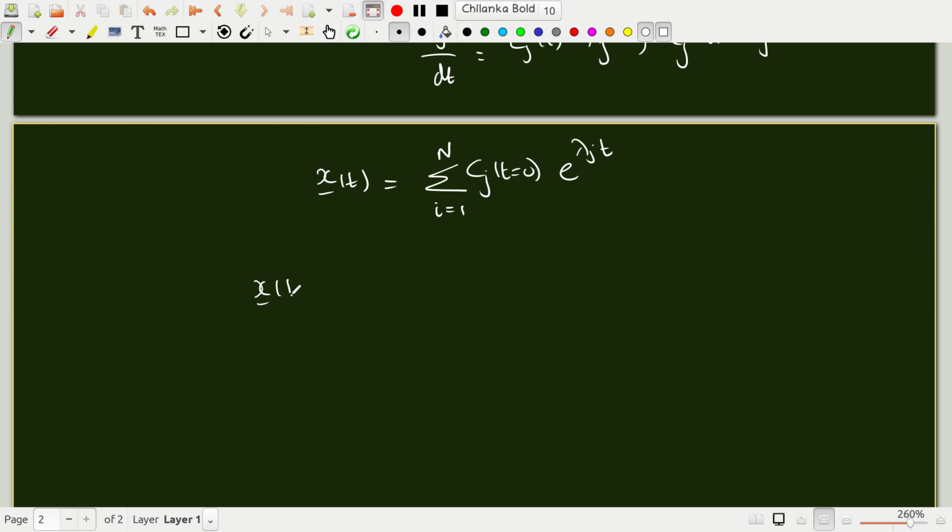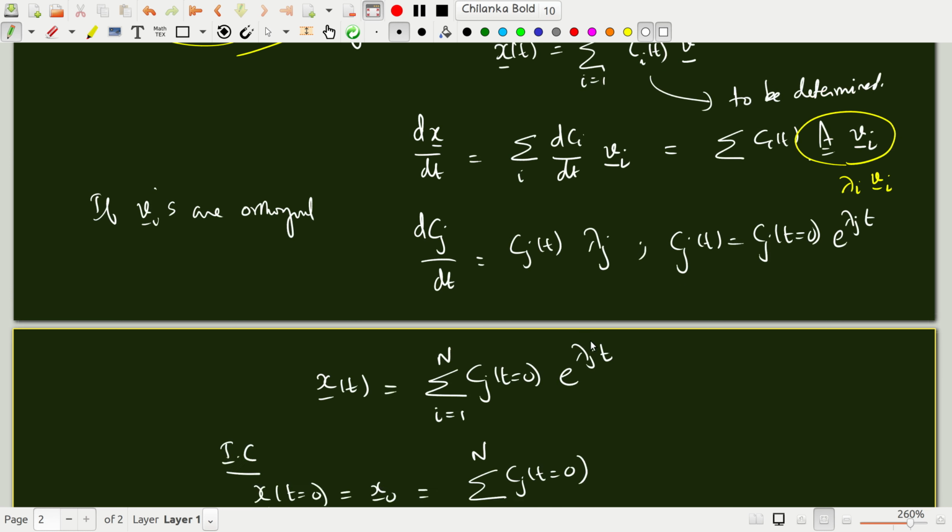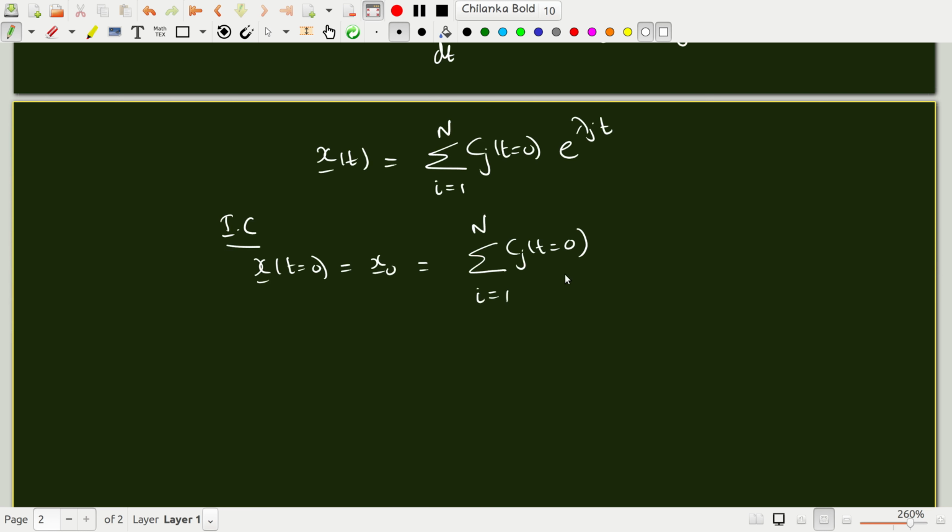We know that x at time t equal to 0, we have to use the initial condition here, this specific initial condition. So you will get, okay, the cj's at time t equal to 0 are basically the coefficients of expansion of the initial condition in the eigenvector basis.